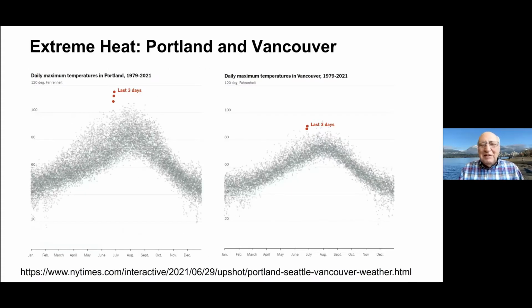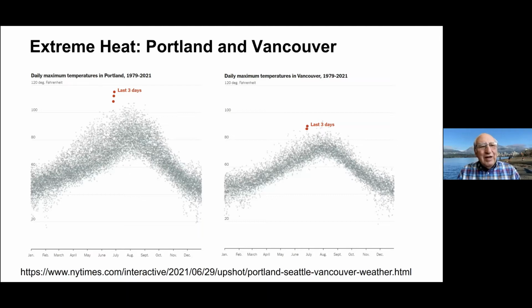And I just couldn't resist bringing up this great example from the New York Times that shows this idea of how an overview visualization is so powerfully revealing, and that details also provide insight. So this was a scattergram of the temperature in Portland, Oregon, and in Vancouver, where I've been during the past year.